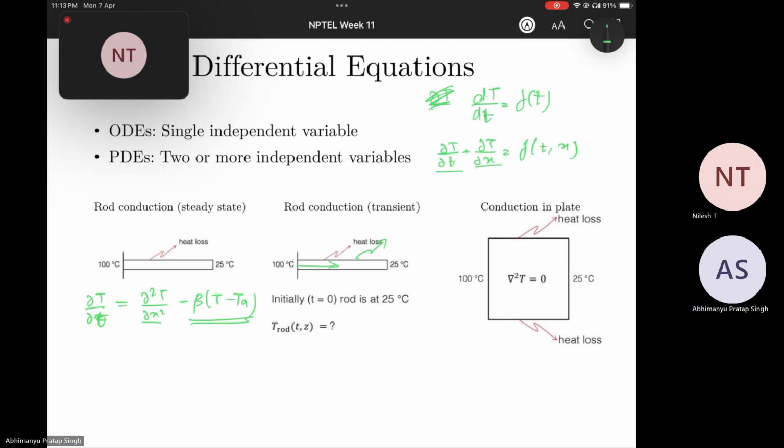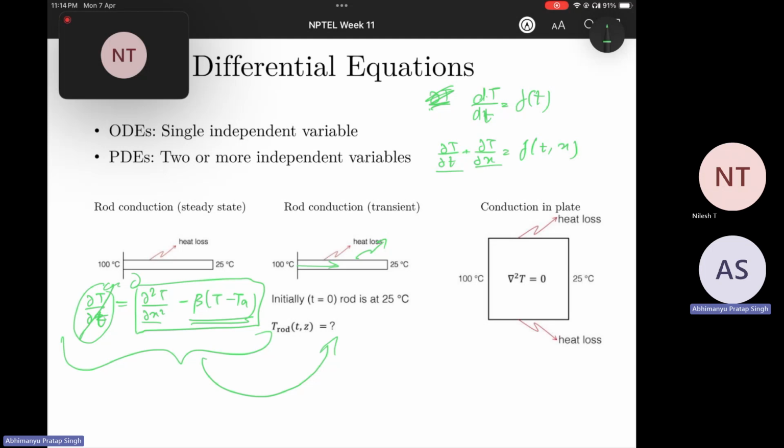So this is a transient PDE, because we have this time derivative. Once we let the simulation run for a long duration, the time derivative dies out. There is no further change in temperature of the rod with respect to time, so this term becomes zero, and that is what is called steady state. This whole equation is for the transient state, and after a certain time we are only left with this part of the equation, which becomes the steady state solution.